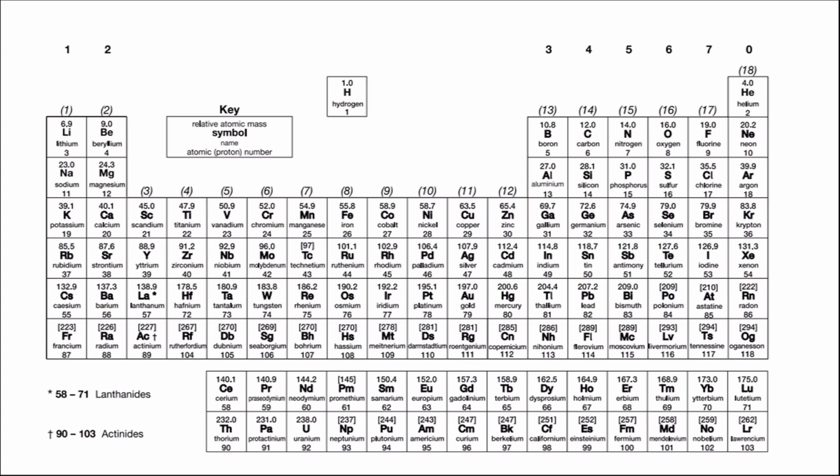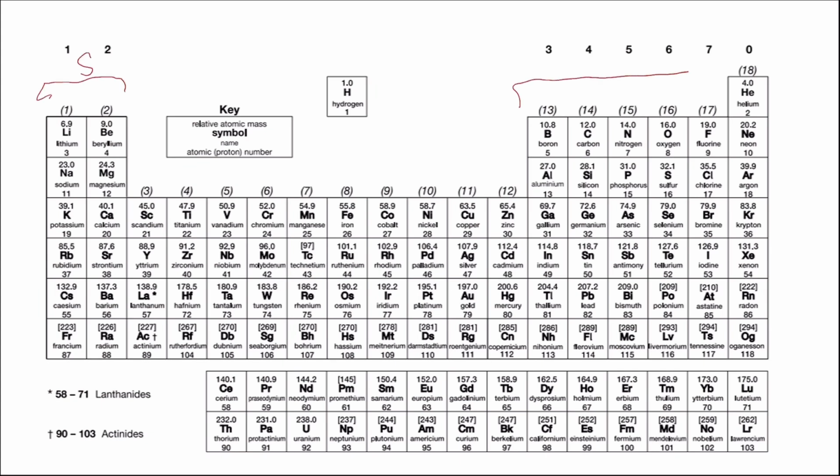Sometimes in the exam, they may ask you to write the electronic configuration of a certain element or of an ion. You don't need to even look at the atomic number. You just need to locate its position in the periodic table and use the periodic table to write the electronic configuration. So the first two blocks here are the s block.